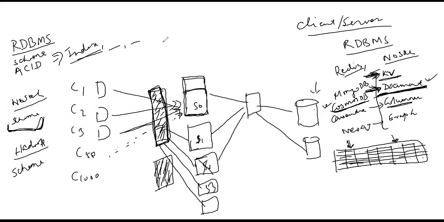But columnar tries to have all these columns as their own entity, independent of other entities. It's not exactly that, but that allows it, instead of looking at 100 columns, to only look at 2 columns.